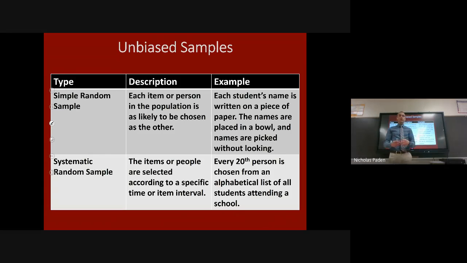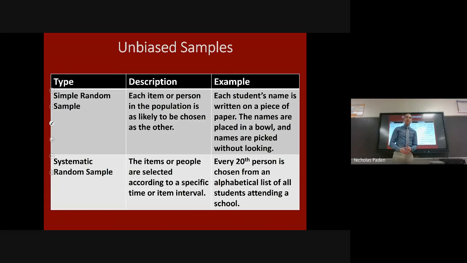Let's go back to the example I started with. We want to ask everyone in Speedway Junior High School what their favorite subject is. So a random way of doing that is to take every student's name, write it on a piece of paper, and pick them out randomly. That's completely random. We're going to get a good depiction of the entire school by choosing those 25 names or whatever we want.